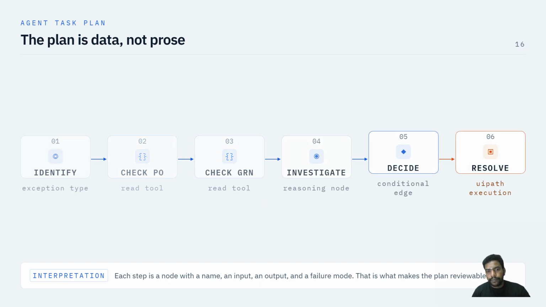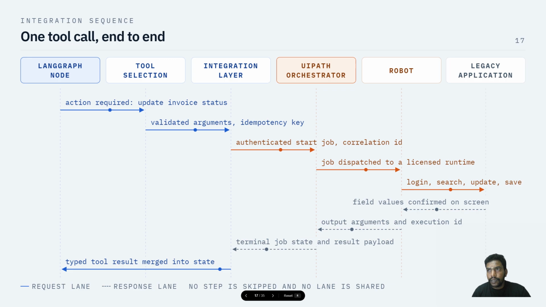So now coming to your integration sequence, right? Read it top to bottom. The graph node decides an action is required.